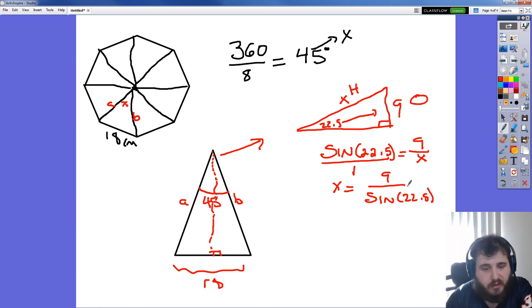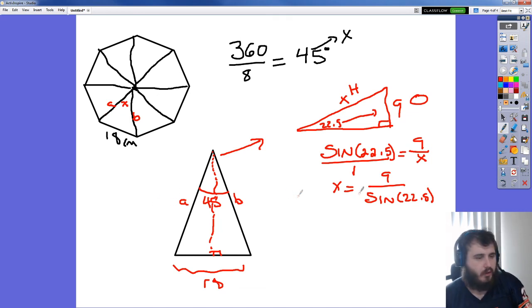This you can put in the calculator, but remember the directions. Don't round early, because if you round early, you're going to end up with error in your answer, and you don't want that. So you go through. This is your A and your B. Both of them are whatever this is.